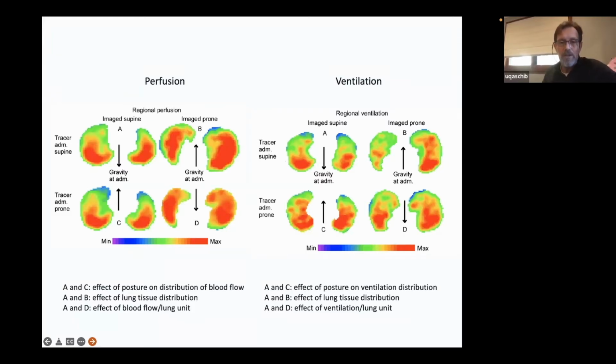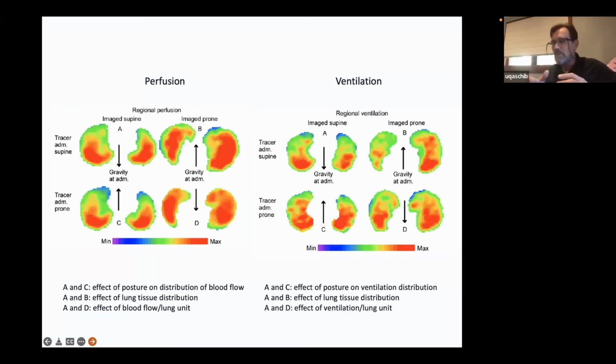Or we have now the opposite. We have the tracer given in prone position. Okay? And we image the patient in supine. Interestingly, again, the tracer sits in the dorsal dependent area more. So we can see that the lung tissue plays quite an important role.